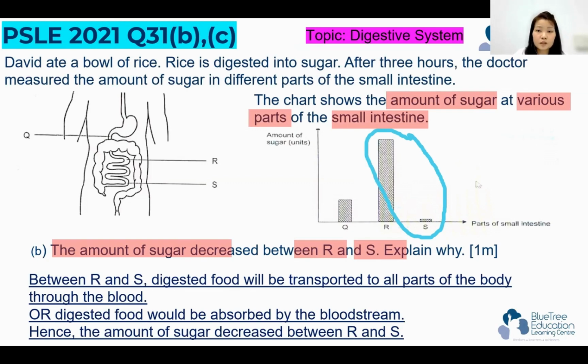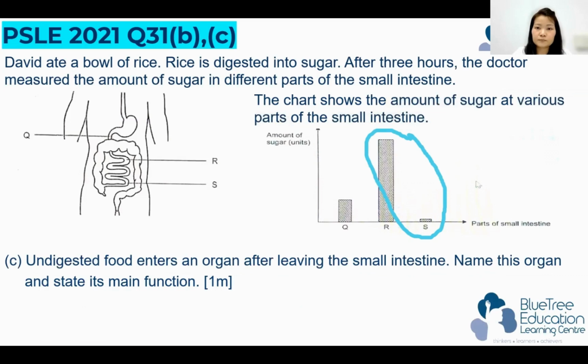Okay, let's move on to part C. They ask you that undigested food enters an organ after leaving the small intestine. Name this organ and state its main function.